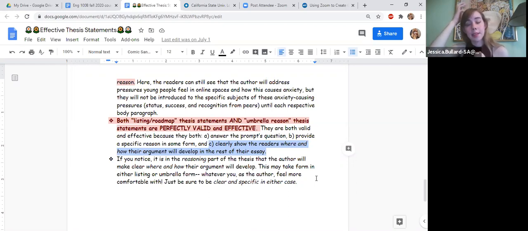Or it could be in the thematic umbrella form where you're kind of showing the reader, here's the theme each of my topics are going to tie back to, right? Both work. Both are totally effective. Just try and figure out how you as an author, what you're more comfortable with.